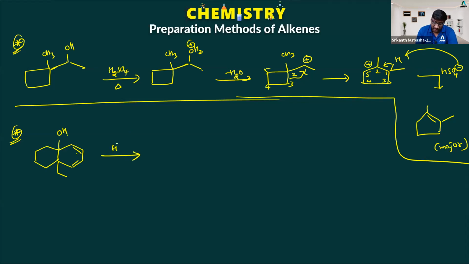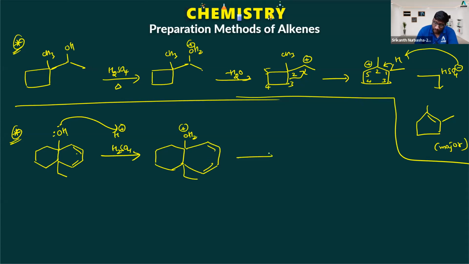So first step is H2SO4 will release the H plus ion. Lone pair of electrons on oxygen will attack the H plus, so OH is now going to be converted to OH2 plus. Loss of water will occur to form the respective carbocation. If you think of stability of this particular carbocation alone, it is already a 3-degree carbocation.